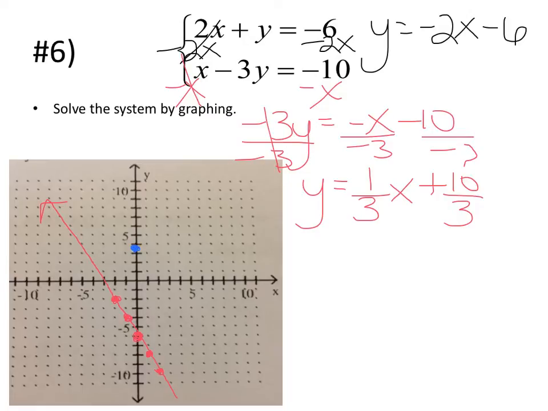And I'm going to go up 1 over 3. About here. And then down 1 over 3, about right here. Down 1 over 3, about right here.